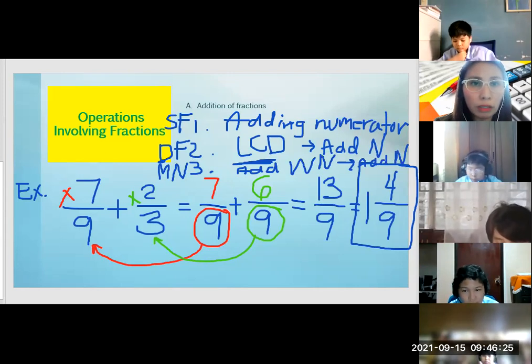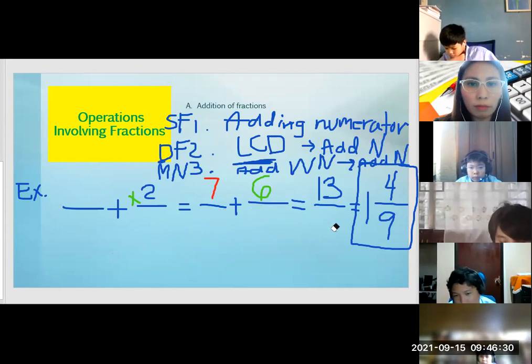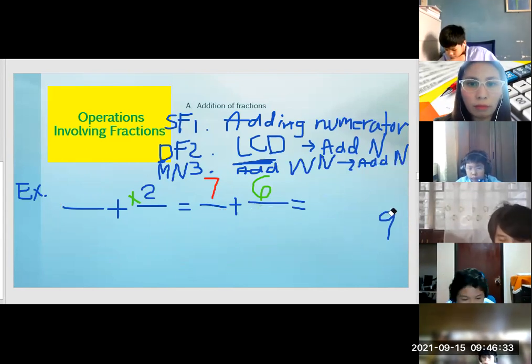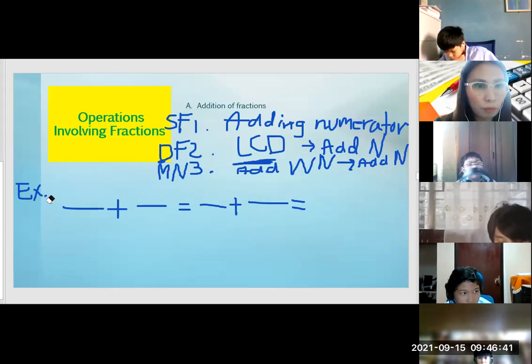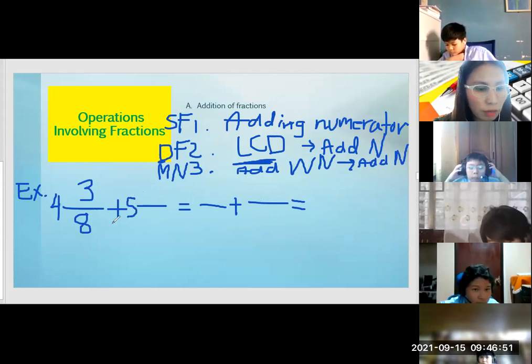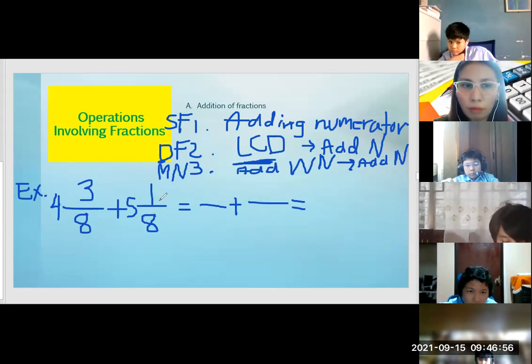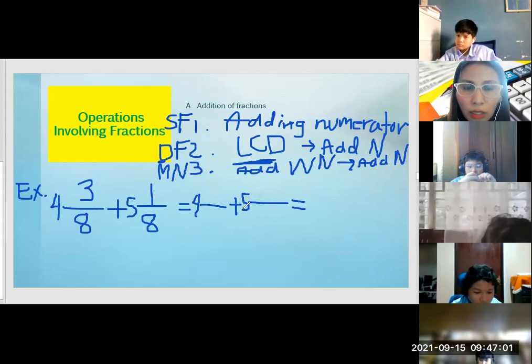Example: 4 and 3/8, and then there's 5 and 1/8. We can write 4 and 5 in between.